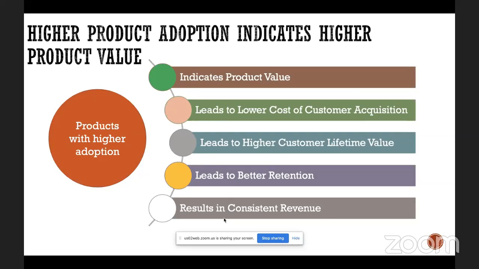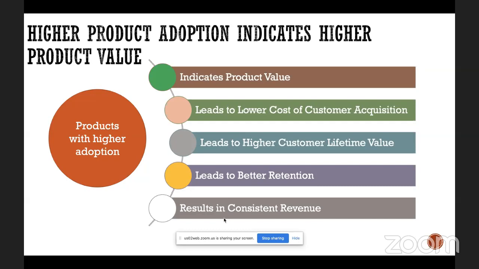It leads to lower cost of customer acquisition, because if the adoption is higher, it means that you have entered the growth stage, as we say. Happy customers will start getting more customers, word of mouth will start spreading, and therefore it won't be a tedious effort to spend more and more money to acquire more and more customers, right?